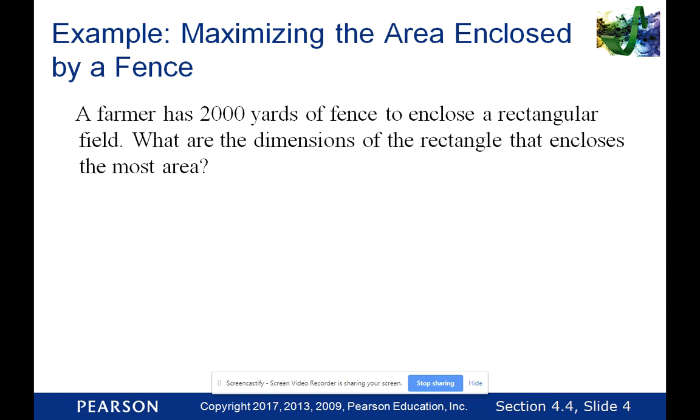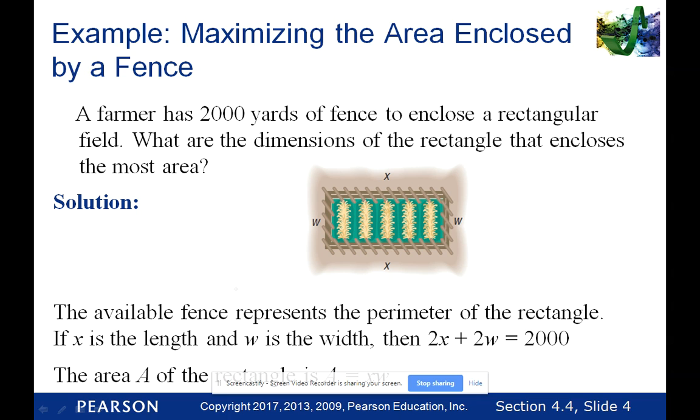Okay. So when we think about area of a rectangle, how do you find area of a rectangle? Length times width, right? So when we set up our problem, we're going to think about a rectangular field that has a length and a width. They use W and X here because we didn't know what they were.